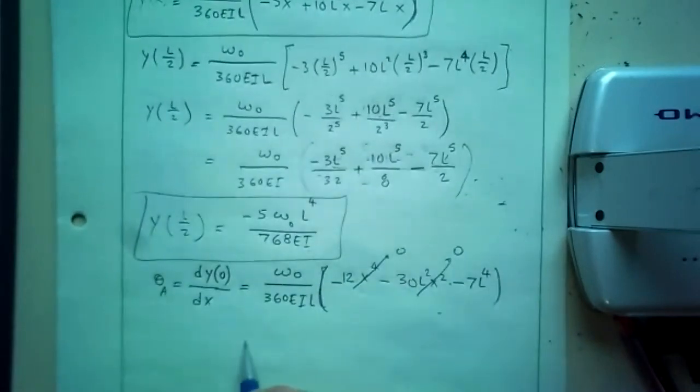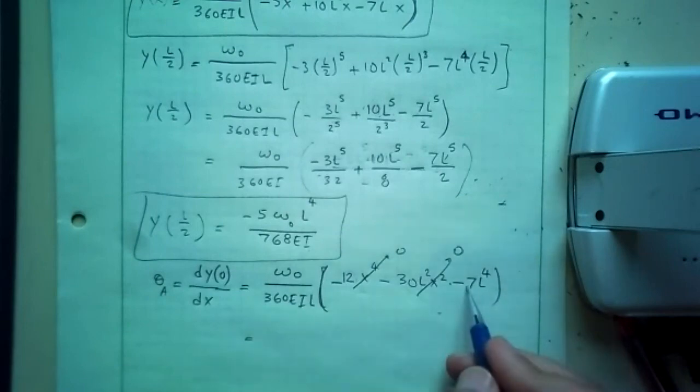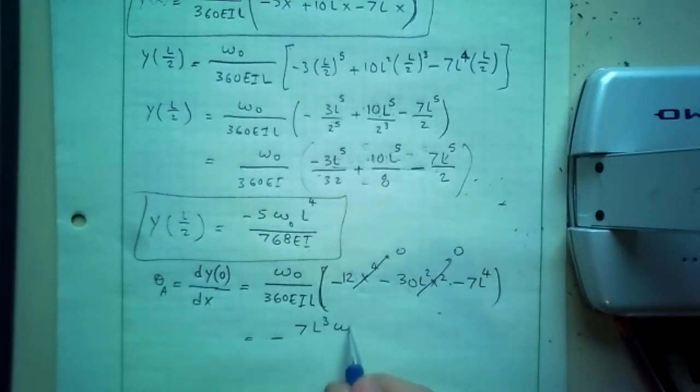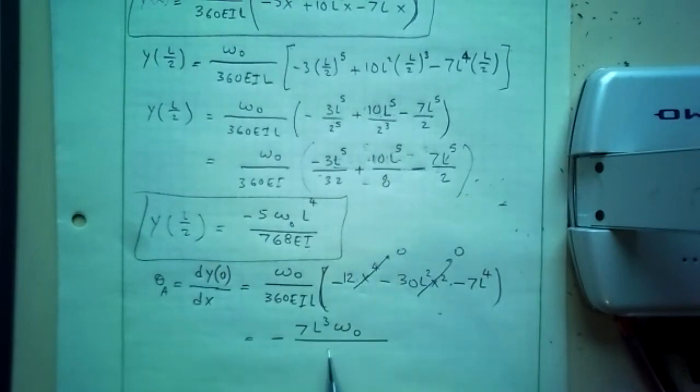So I end up with minus 7 L cubed W naught over, this is a W, not omega, right? 360 EI.